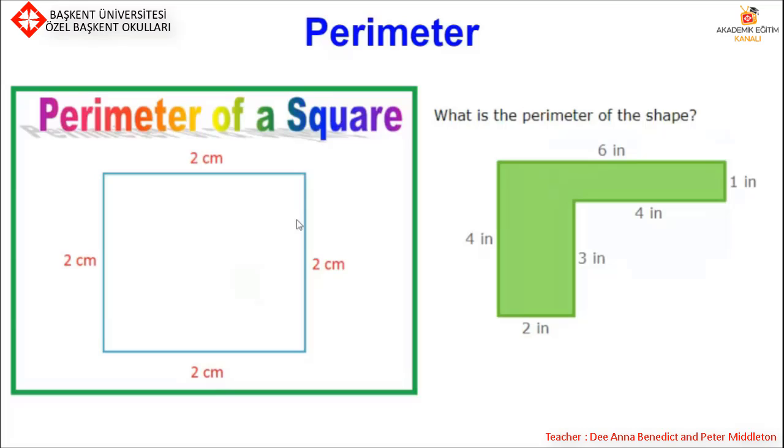So the perimeter, if we count the different numbers here, equals 8 centimeters, because it's 2 centimeters for each side. But the shape on the right, it doesn't have centimeters or millimeters. It has a different measurement. These are inches. Can you count how many inches it takes to go round this shape? What is the perimeter of it?